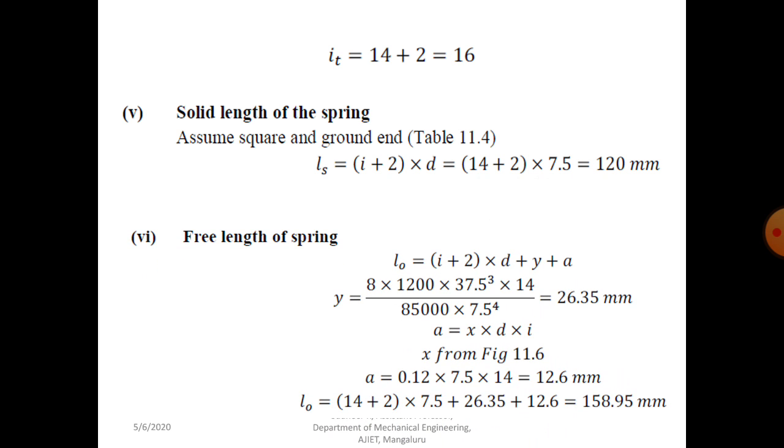Now similarly we need to find the free length of the spring. Free length indicates there should not be any force acting on the spring. The free length in the absence of any external force is denoted as L naught, which is equal to I plus 2 into D plus Y plus A. Again you can find this expression from the same table, 11.4, from page number 189.